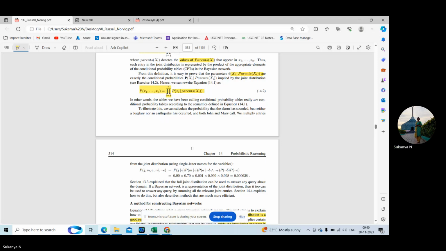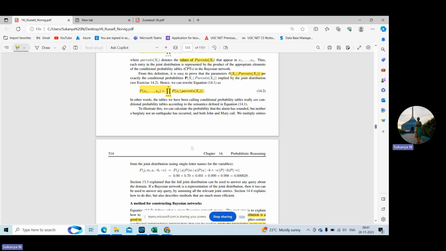So this we can simplify as the product over i equals 1 to n of P of xi given xi minus 1 till x1. Okay. So if we rewrite this equation, before this we had one more equation.